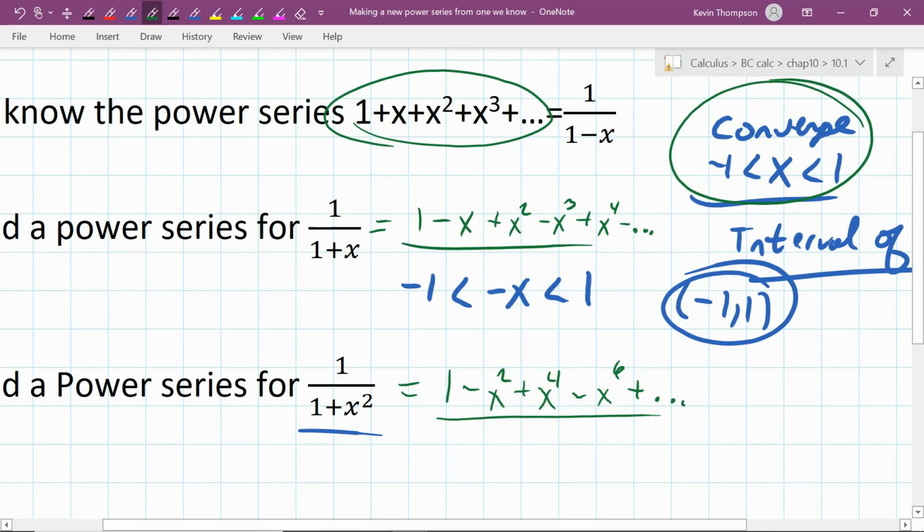So we're replacing every x with the opposite of x squared, right? Interval of convergence.